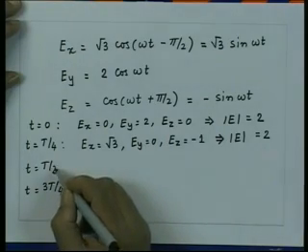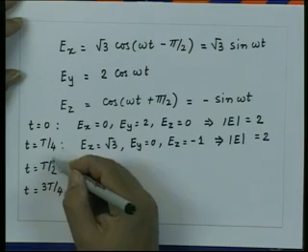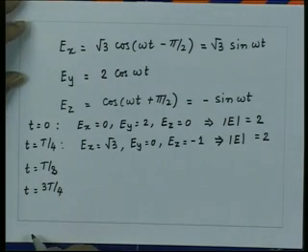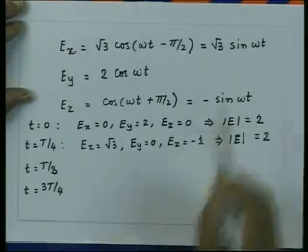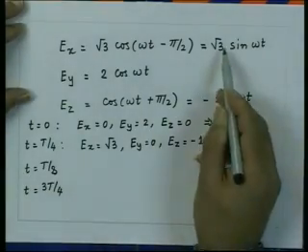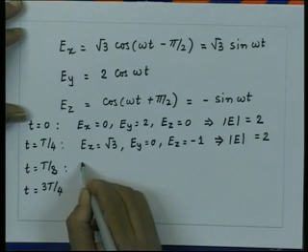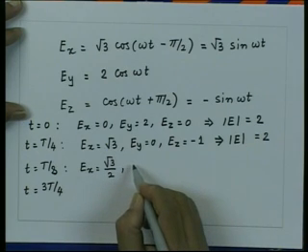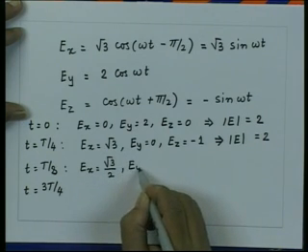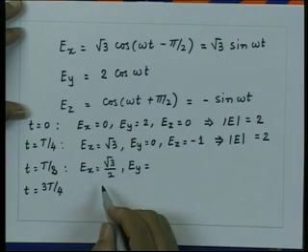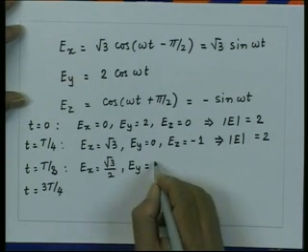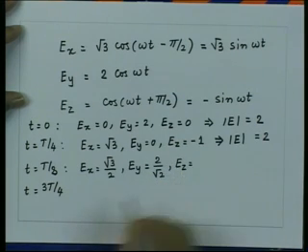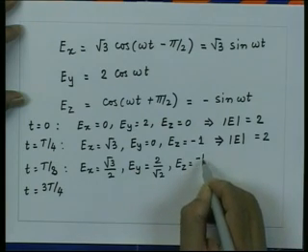Let us take a time which is not a multiple of pi by 2, say T by 8. If I substitute, this angle will be equal to 45 degrees, so you get root 3 upon root 2. For this time, E x is root 3 upon root 2, E y is 2 upon root 2, and E z is minus 1 upon root 2.